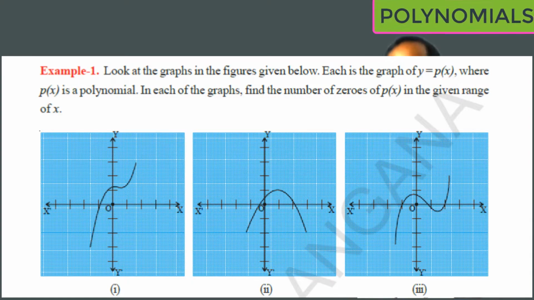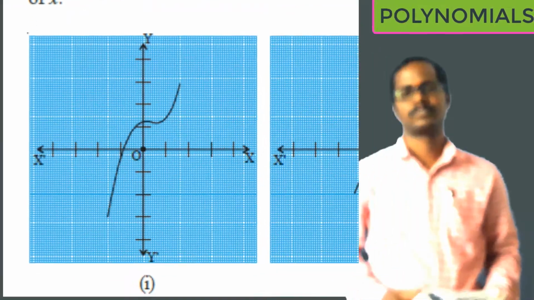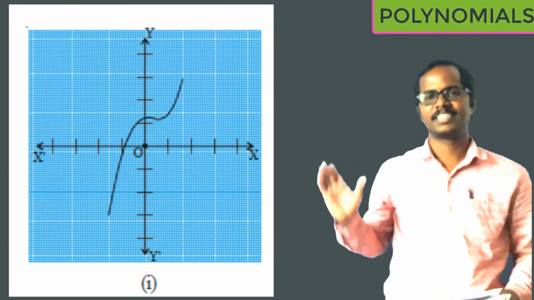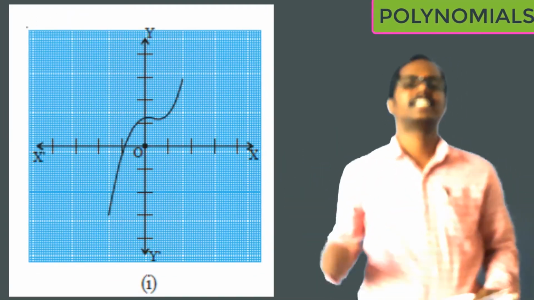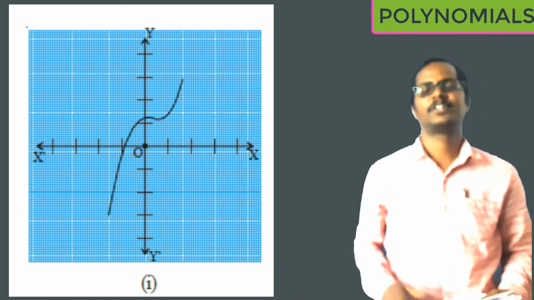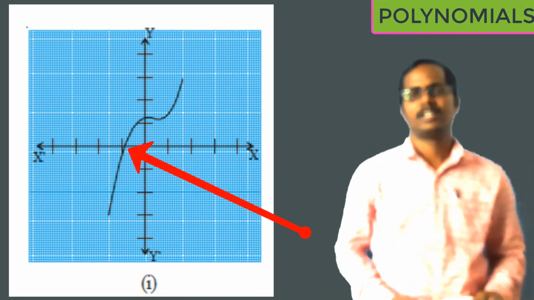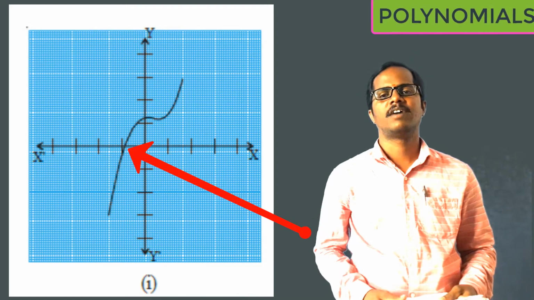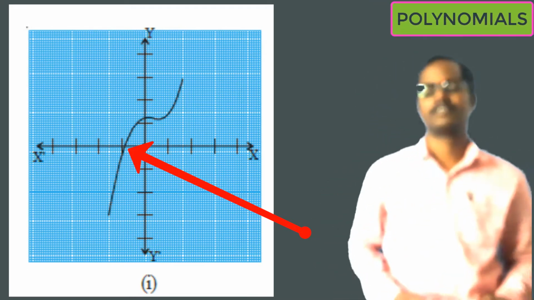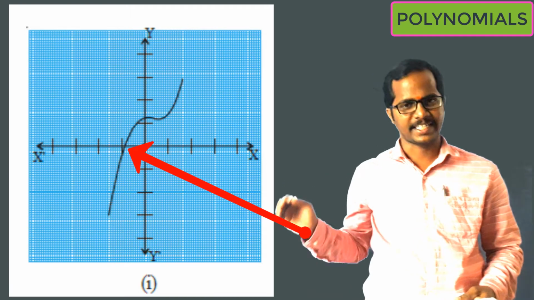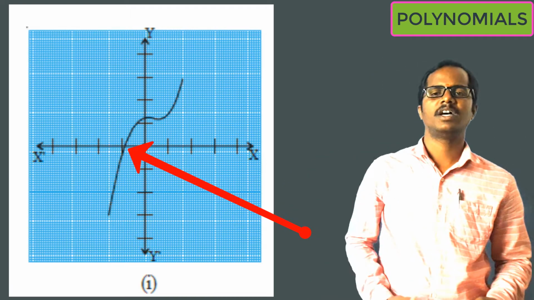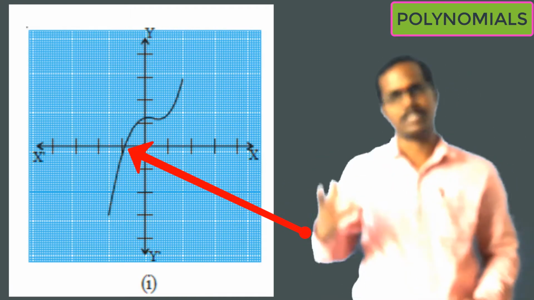So let us first observe graph 1. If we observe, this graph is intersecting the x-axis at only one point. And we know that the x-coordinates of the intersecting points of the graph and the x-axis are the zeros of the given polynomial.